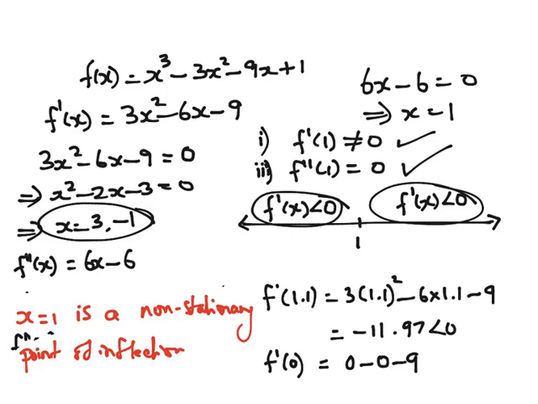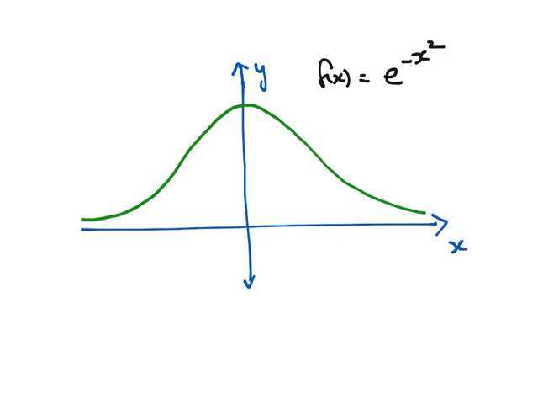So let us see one more problem. Okay, so what you see here is the graph of e raised to minus x squared. Now as you can see, this graph has a local maximum, which is this, and it has two points of inflection. That means where the concavity changes. It is quite easy to find.